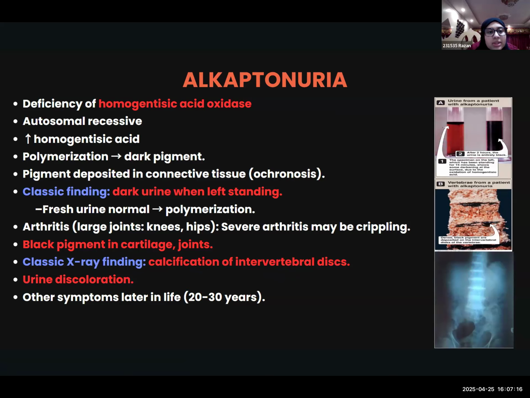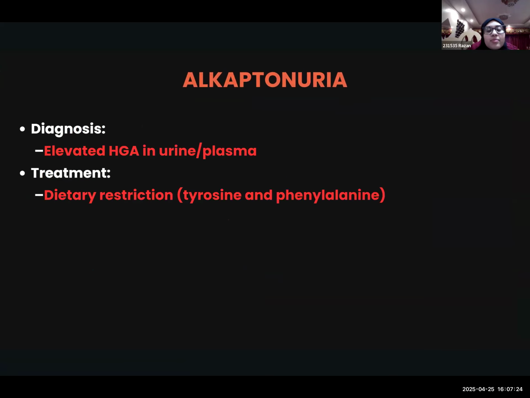Make sure you know them. Of course, at least one of these diseases would be asked. Here, the diagnosis and treatment: as I mentioned, elevated homogentisic acid in urine or in plasma. Treatment is just dietary restriction of tyrosine and phenylalanine.